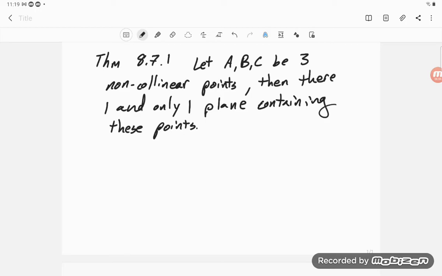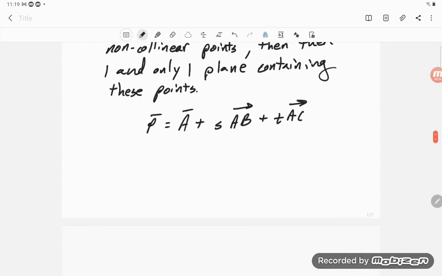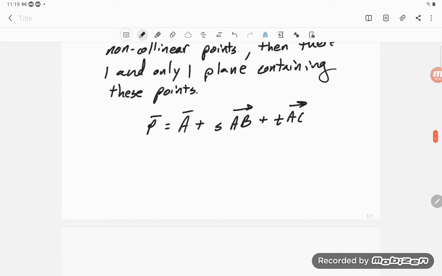And so we can write this as the vector P is A plus S times the directed line segment from A to B, plus T times the directed line segment AC. But again, we could swap out the A with the B or the A with the C and write it accordingly.